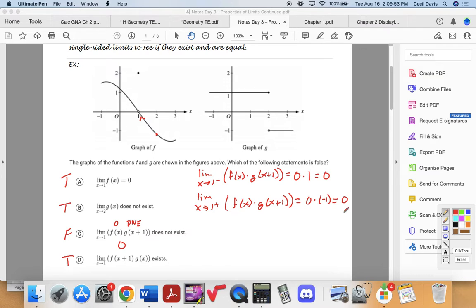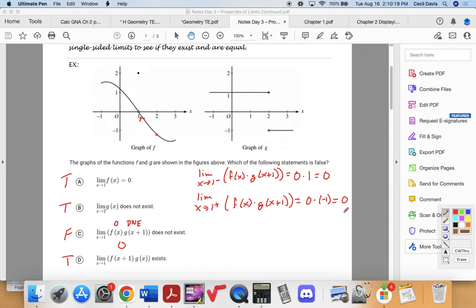So, I understand, but if you have the limit as x approaches 1 of f of x equals 0, and g of x plus 1 does not exist, can you just multiply by 0 and whatever multiplied by 0 is 0?